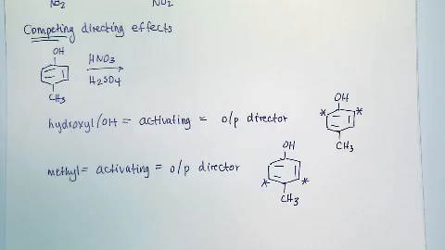Okay, so we've gone through the basic EAS reactions. Bromination, chlorination, sulfonation, nitration. We talked about Friedel-Crafts alkylation and acylation, how they all basically share the same mechanism, and so we're just installing various different kinds of groups.